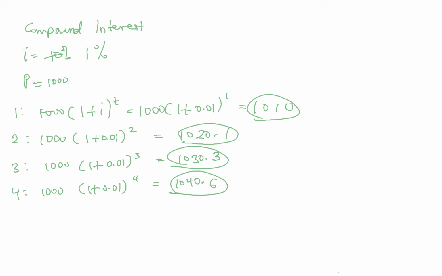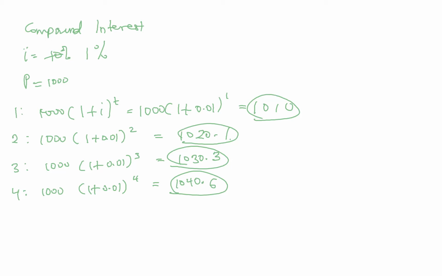So with compound interest, you are not earning a fixed amount of interest every period, because if you earn 10 at the end of year 1 and you earn 20.1 at the end of year 2, it means that the difference is 10.1. So you earned 10 at the end of year 1, but from year 1 to year 2, you earn 10.1. Okay. And from year 2 to year 3, you earn 10.2.